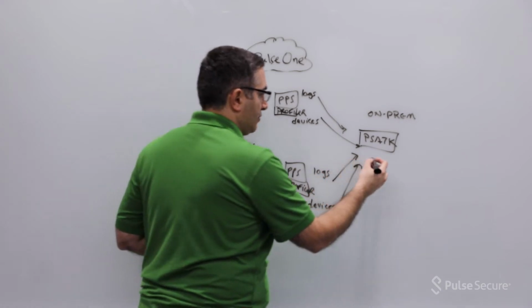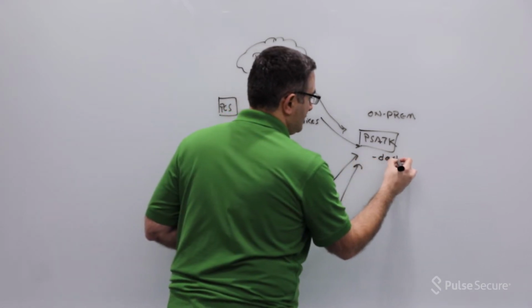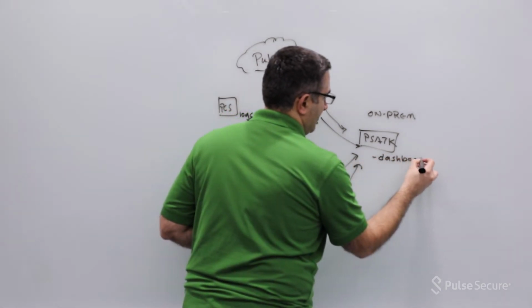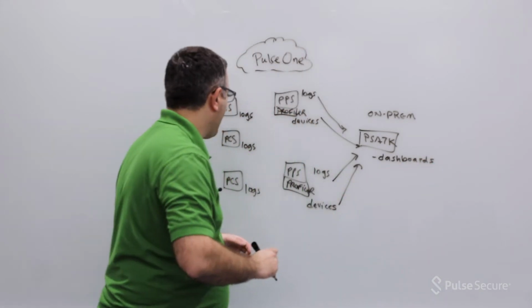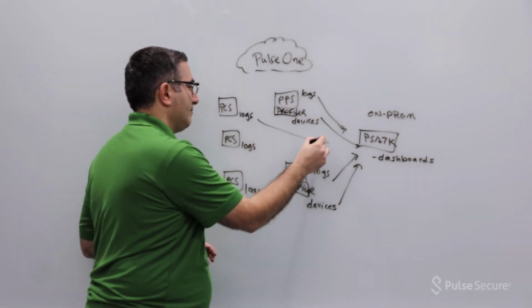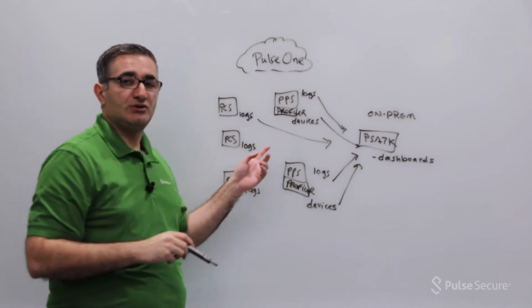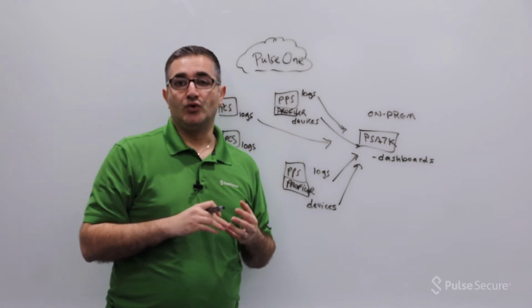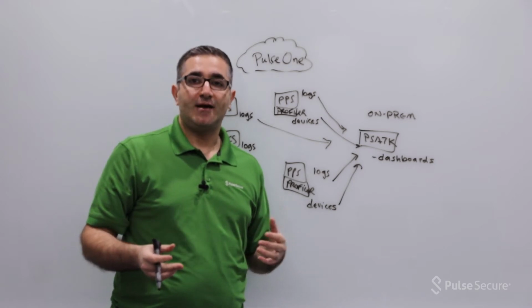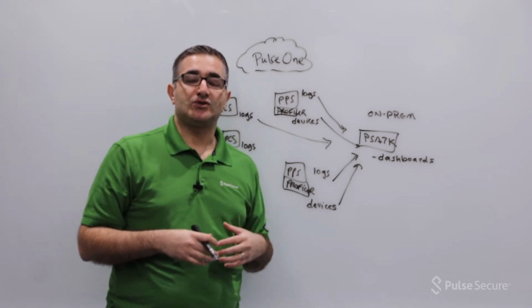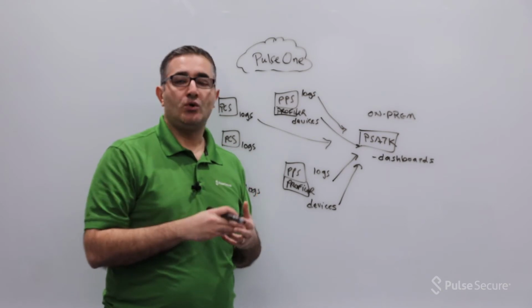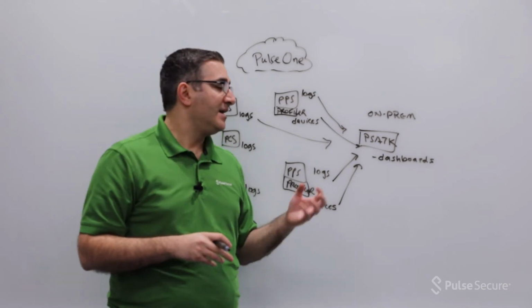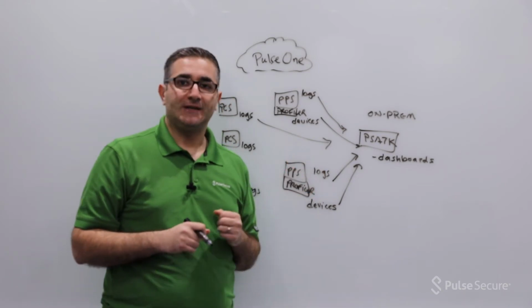So we have a few cool things. We'll have dashboards. These dashboards can be simple things like how many users do I have connecting from PCS, how many users do I have connecting from PPS, things like what groups are they in terms of AD, LDAP, what compliance state are those appliances on, roles, realms, how are they connecting, what applications are they using.